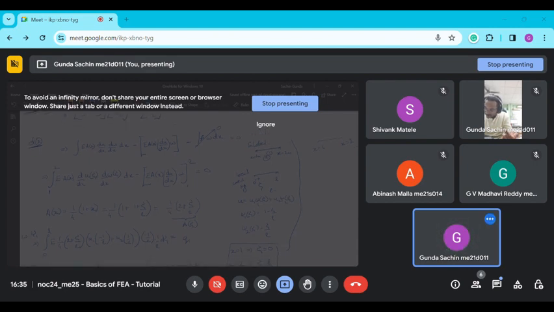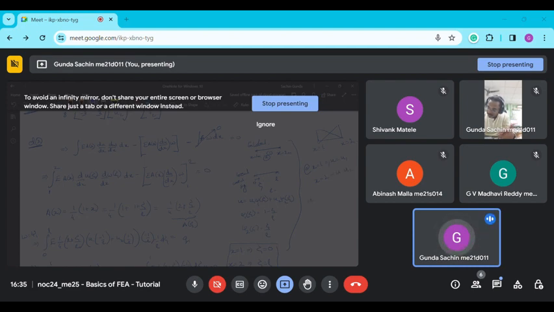You cannot take 1 minus x by l and x by l here. We'll see how the shape functions look if we take x equal to 1 and x equal to 2.